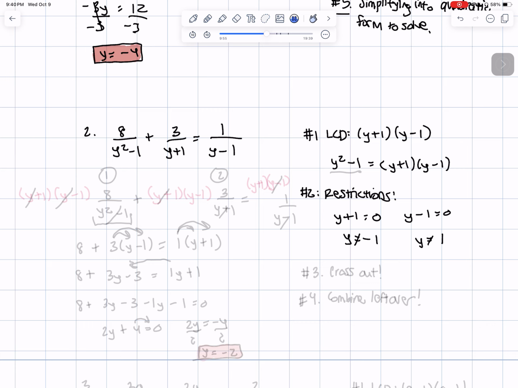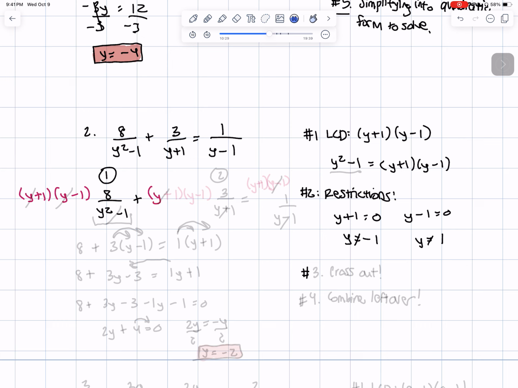So now what we do is we set up and we multiply our LCD by the original terms that are there. So y plus 1, y minus 1. This is our first term.